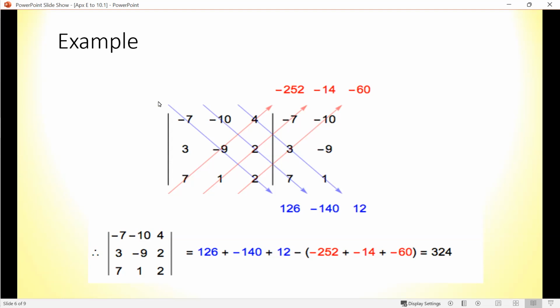And then we add the products we get by multiplying these diagonals, and we subtract the products we get by multiplying these other diagonals. So we add our 3 products and subtract our 3 products, and that will be the determinant of this matrix. Keep in mind, this and the previous example are different matrices that we're starting out with, so the answers were not supposed to be the same.